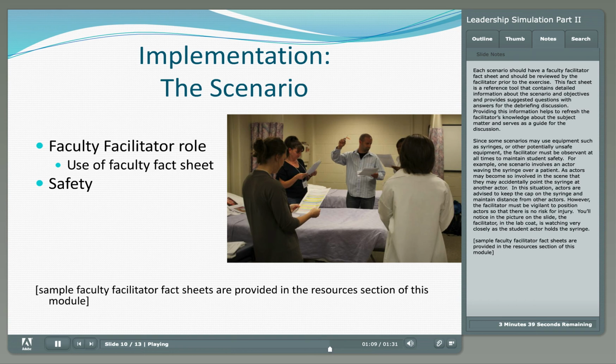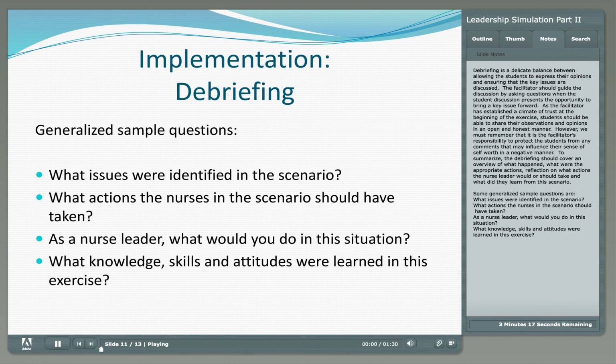However, the facilitator must be vigilant to position actors so that there is no risk for injury. You'll notice in the picture on the slide the facilitator, in the lab coat, is watching very closely as the student actor holds the syringe. There's a sample faculty fact sheet provided in the resources section of this module.